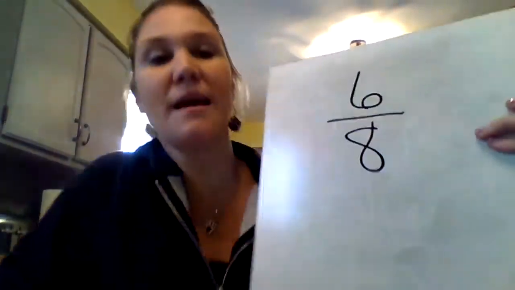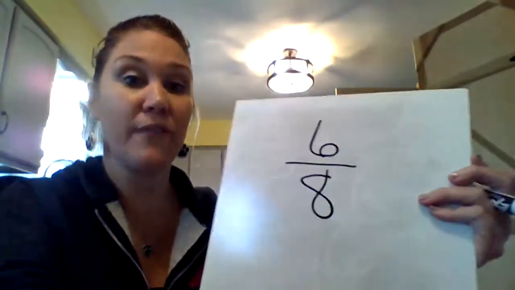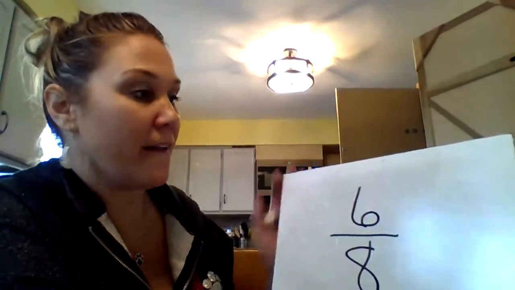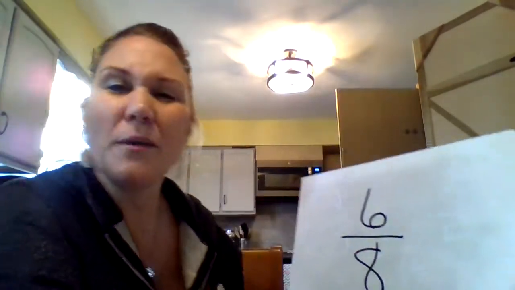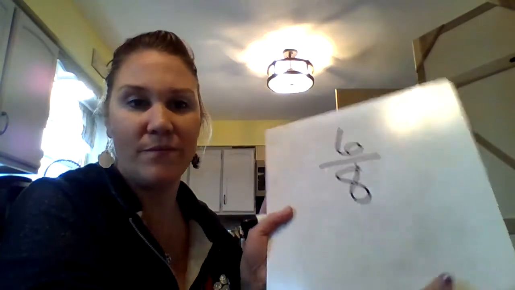5/8 plus 1/8. What's 5 plus 1? You're right, it's 6. So I have 6/8. Is that as low as it can go? No, it's not. We have to simplify. When I simplify 6, what number can go into 6 and go into 8?